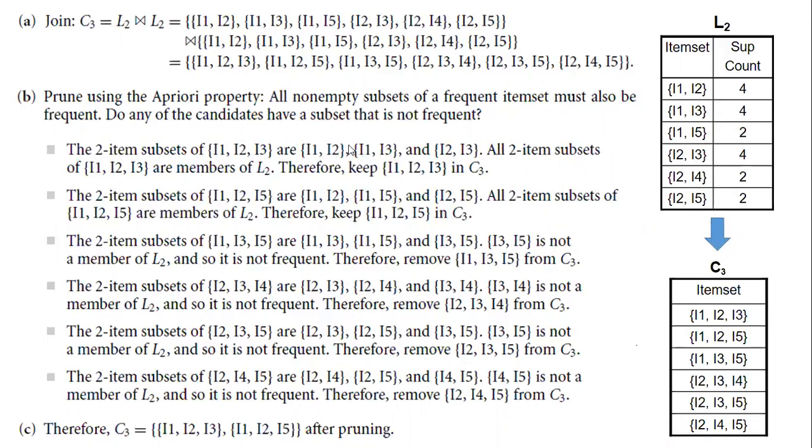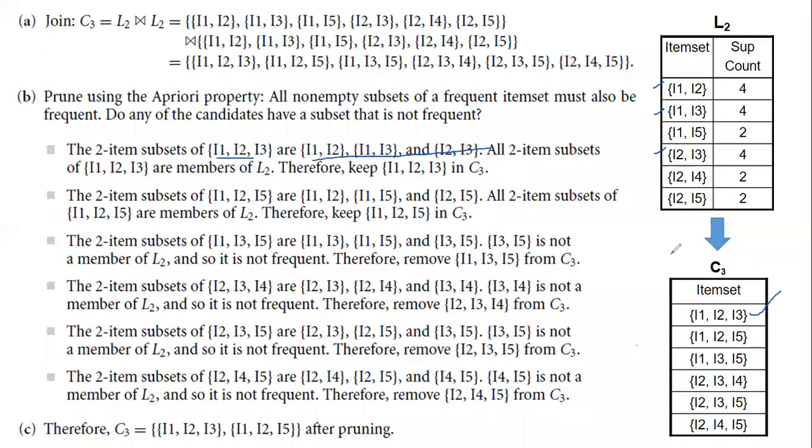We have to check whether all these three are there in L2. I1, I2 is there? Yes. I1, I3 is there? Yes. I2, I3 is there? Yes. All the subsets are present, then automatically I1, I2, I3, this candidate is also frequent. So all these three are members of L2. Therefore, I1, I2, I3 can be there in the C3.